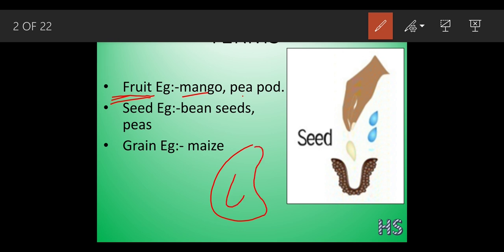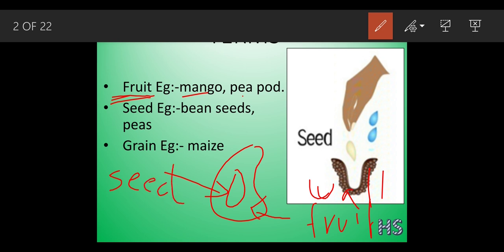There is a hard structure present in the center of this mango. This fleshy part, which humans can eat, we call the fruit part, or the fruit wall. But this hard structure in the center of the mango is called the seed.